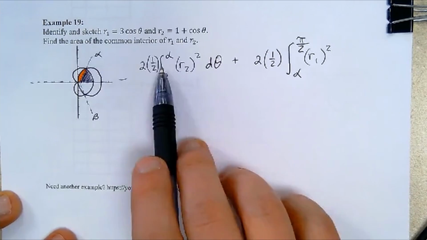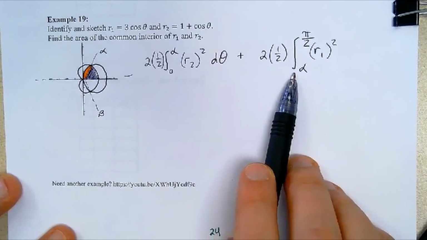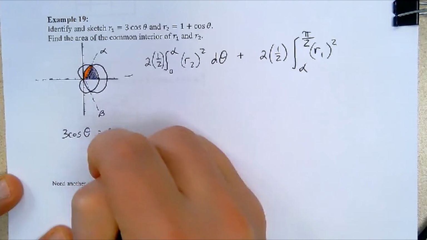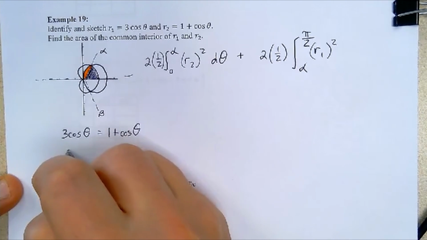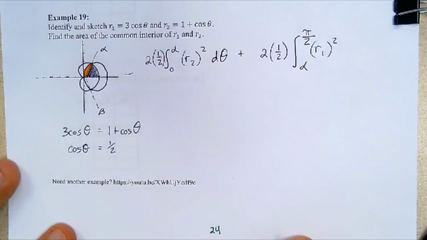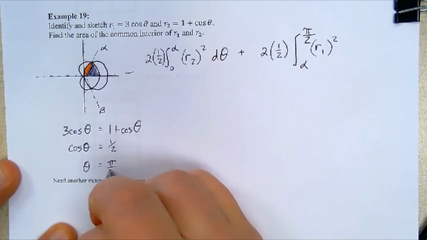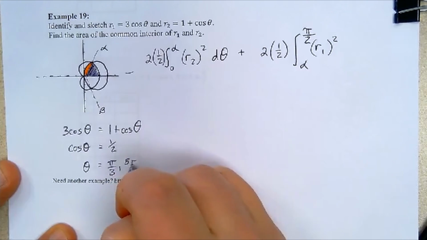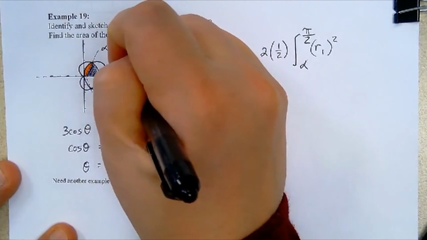We do need to find the value of alpha by setting the two equations equal to each other. Cosine of theta is equal to 1/2 at pi/3 and 5pi/3. So alpha is the first instance of pi/3.